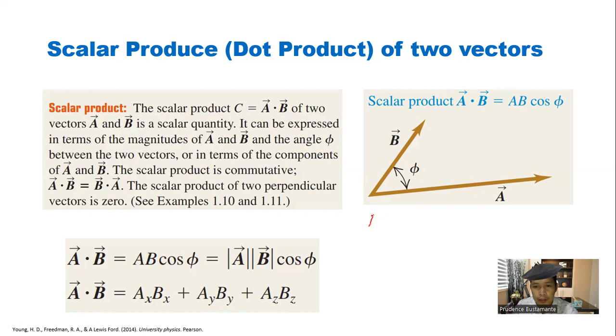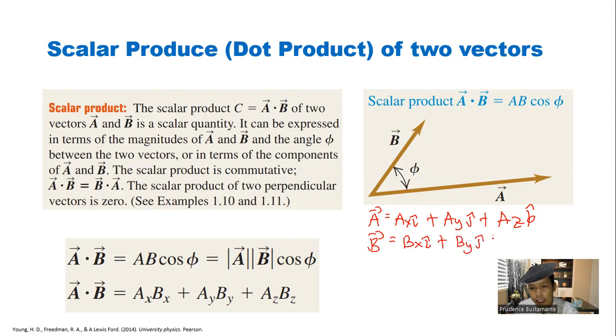Okay. Sometimes vector A is expressed in terms of unit vectors: Ax i hat plus Ay j hat plus Az k hat. And vector B, in unit vector form, is Bx i hat plus By j hat plus Bz k hat.